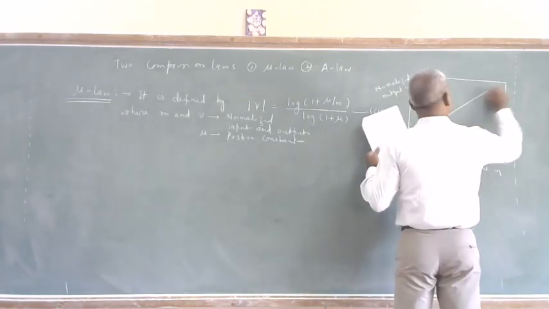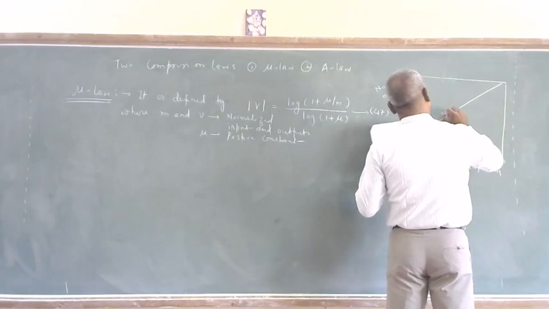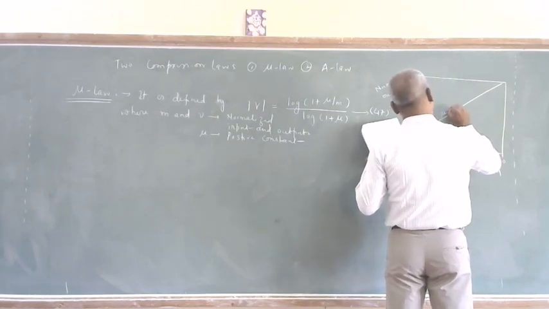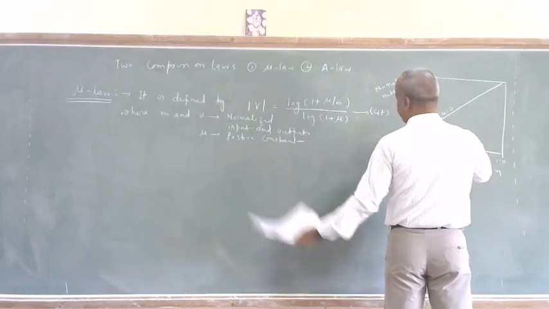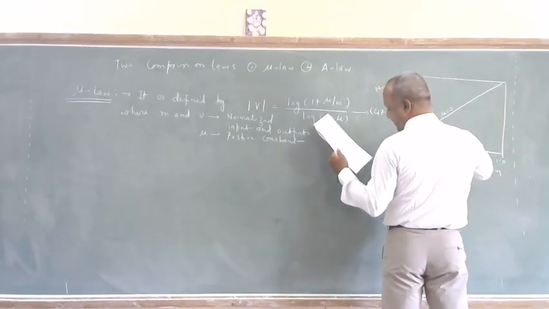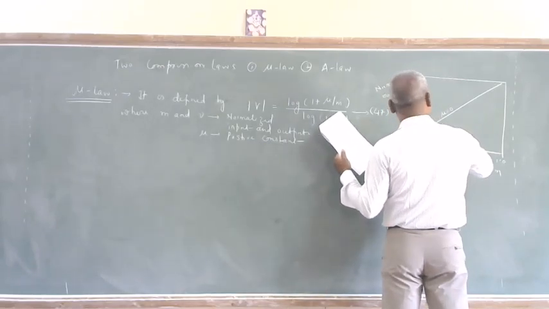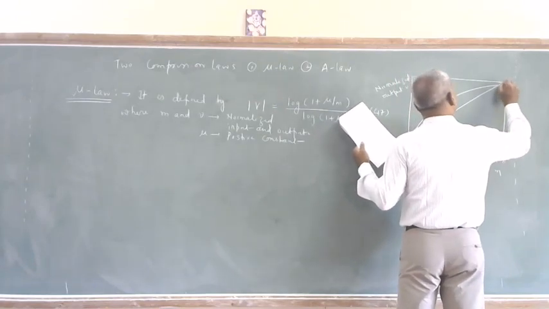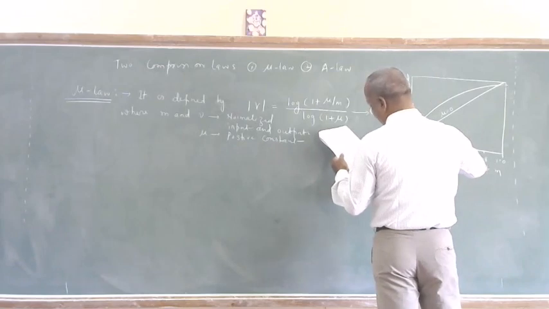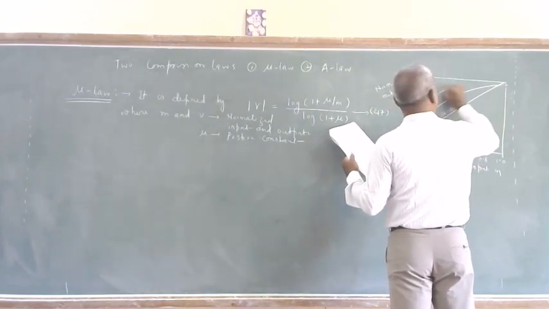Then this is what the value for mu equal to 0. And mu is a constant, positive constant. When I take mu equal to 5, it looks like this, and mu equal to 100.